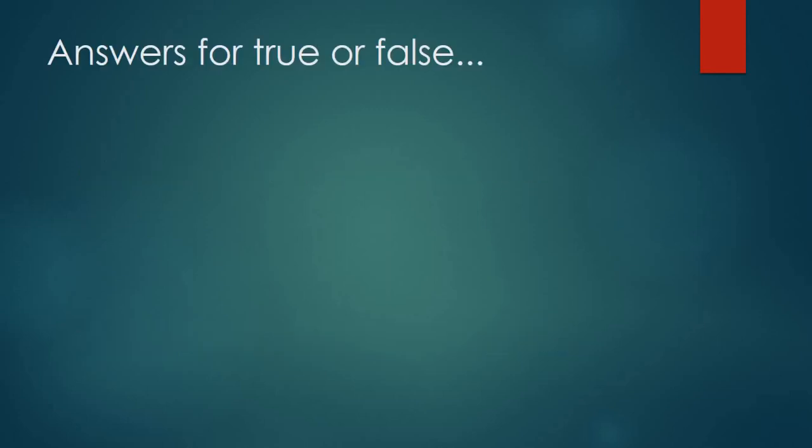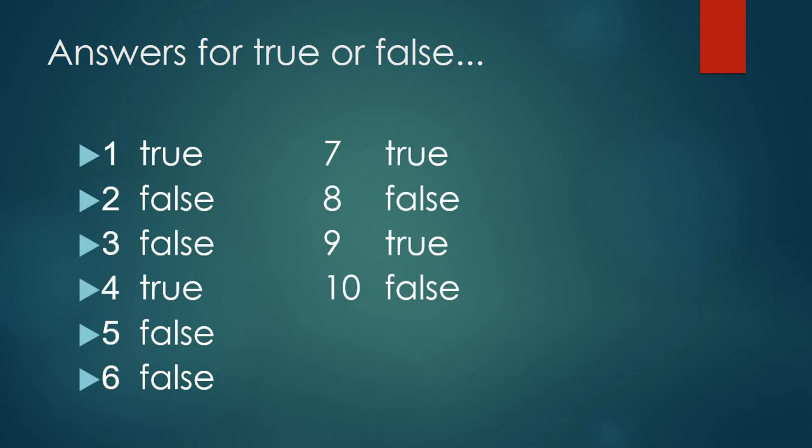Answers for true or false, which you have written on the first page. Here are the answers. That is why I have asked you to write the answers in the proper sequence, so that you can check it properly. So the first answer should be true.